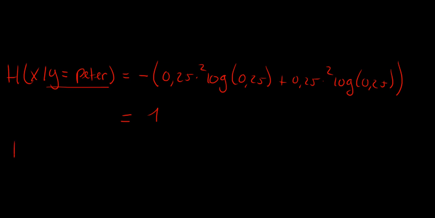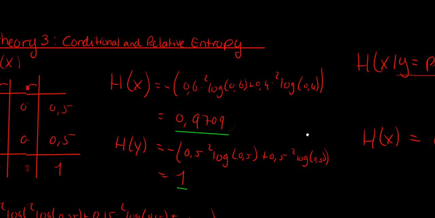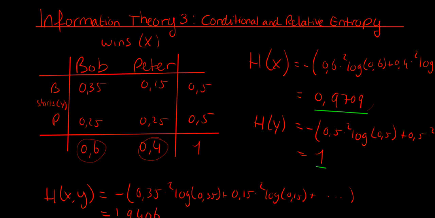But the entropy of X that we calculated before was 0.9709. So we see that knowing that Peter can start the match, we actually grow more uncertain of the outcome.